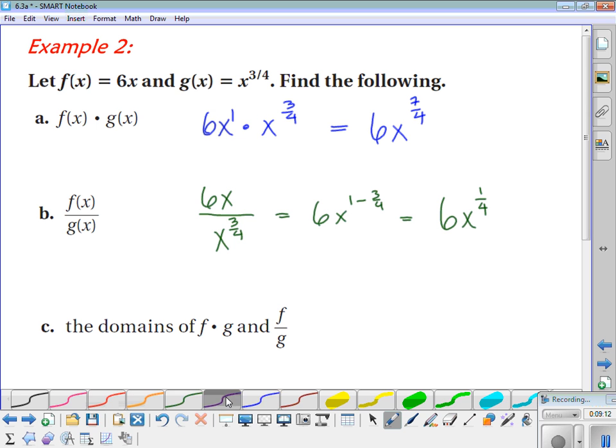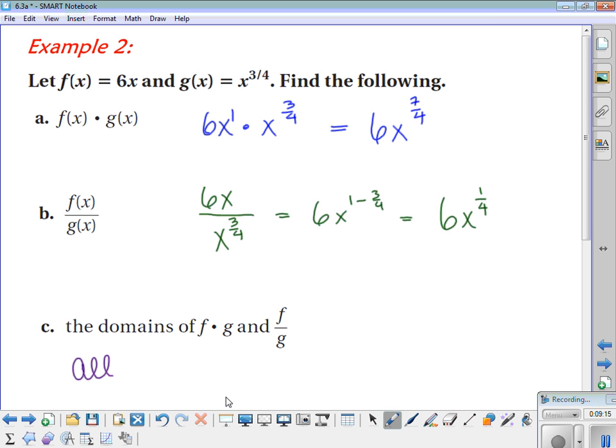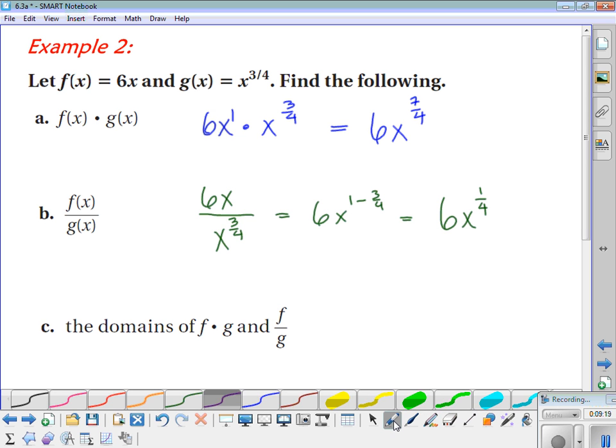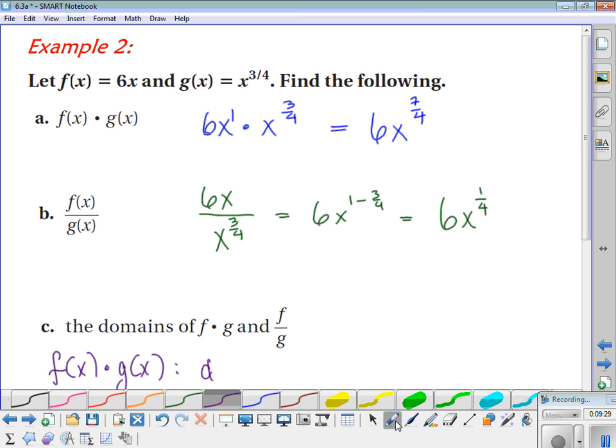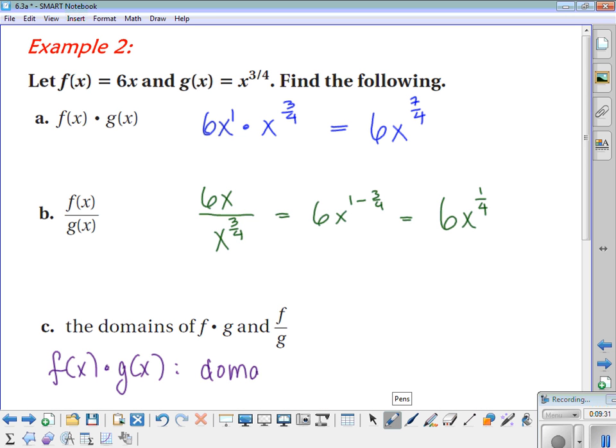I'm going to write these separately because they're going to be different. So for f of x times g of x, the domain is all positive real numbers and 0.